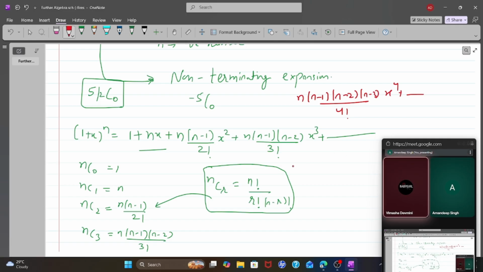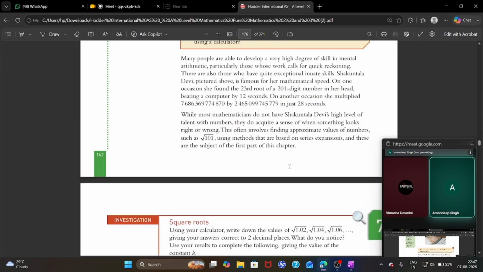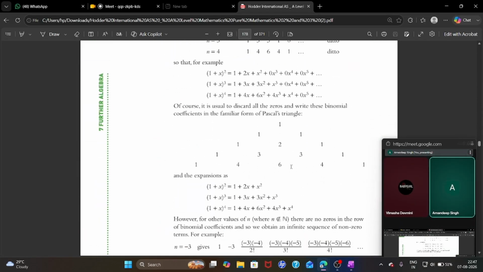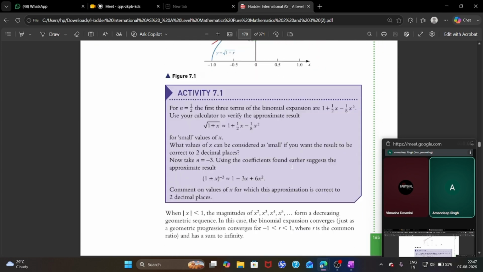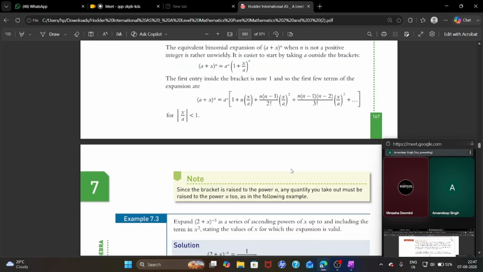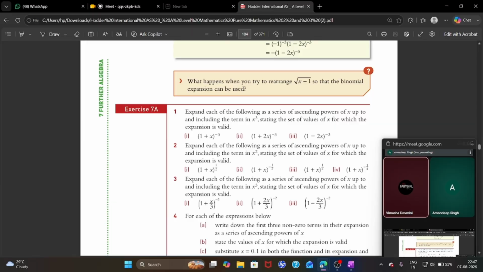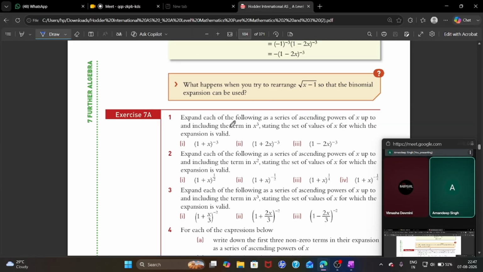So now we can solve one question to understand it more. I will read this question properly. Expand each of the following as a series of ascending powers of x up to and including the term x cubed.